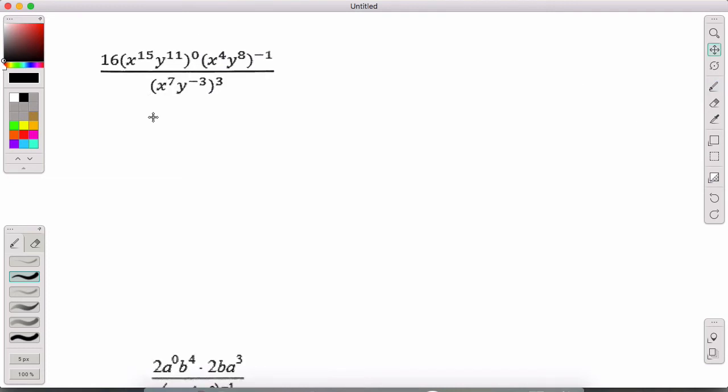For our second problem, we now have some 0 powers as well. Remember, that just means 1. So this whole part of the problem, I can just cancel out because it's really 16 times 1. That makes life easier.